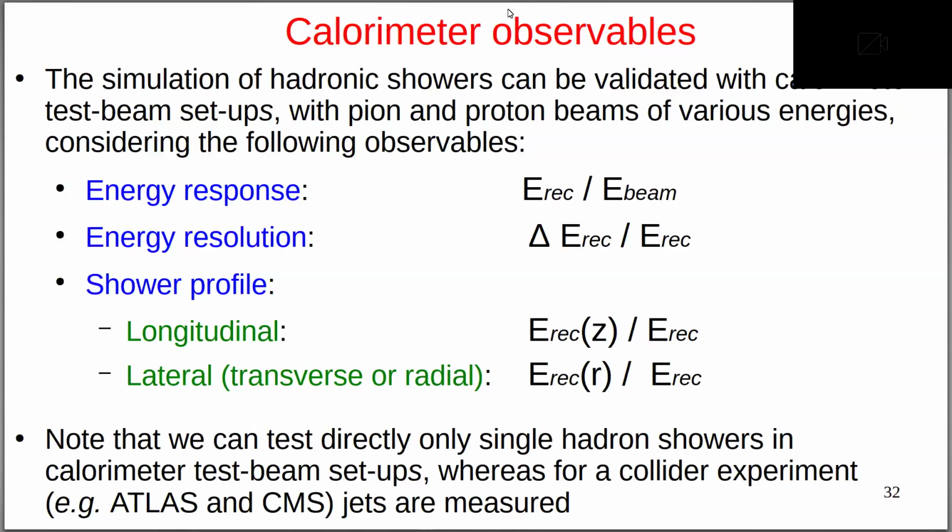And typically, these are the variables. So typically, in a calorimeter, what you are checking is the properties of hadronic showers. And properties are like the energy response, energy resolution, the profile of the shower, longitudinal, meaning along the direction of the incoming beam which started the shower, or laterally, in the transverse direction.